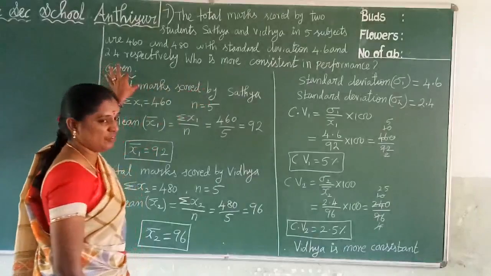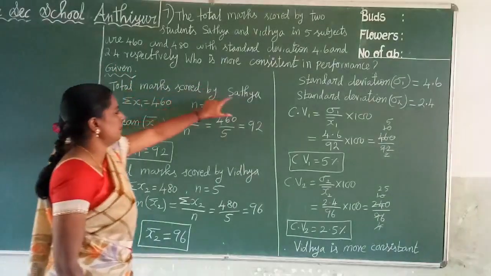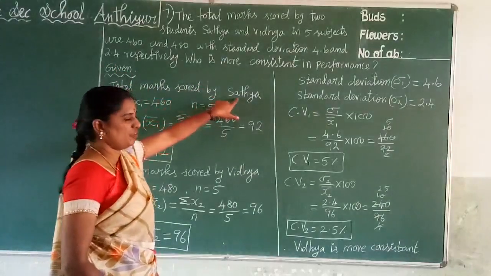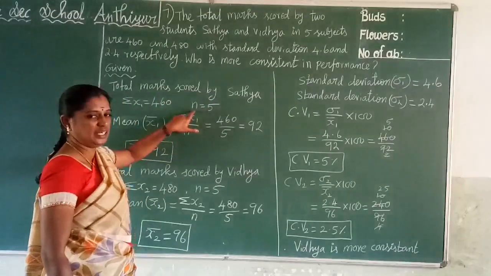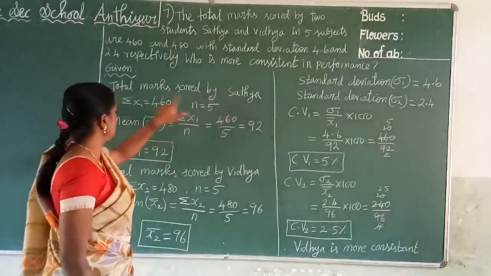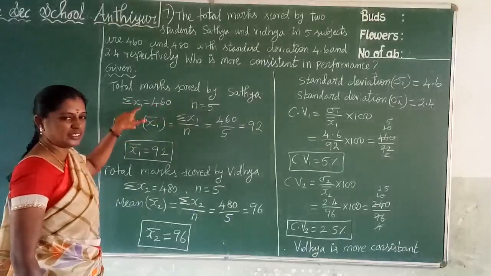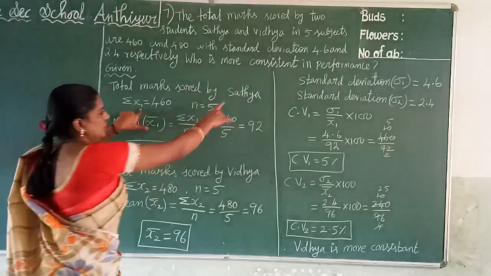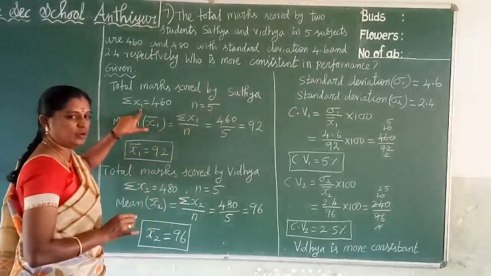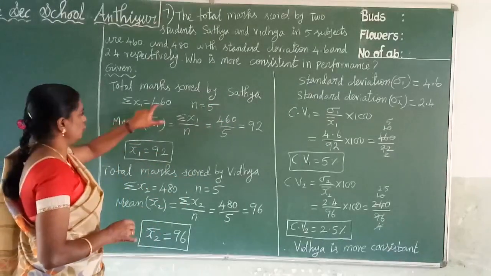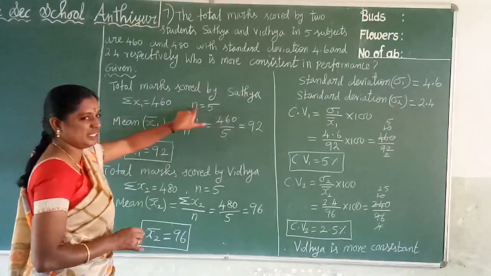So first write the given total marks scored by Satya in 5 subjects. So 5 subjects means n is 5. The total value is 460, which we consider summation x. Here Satya is the first person, so we take 1. So summation x1 equals 460. The number of subjects is 5.